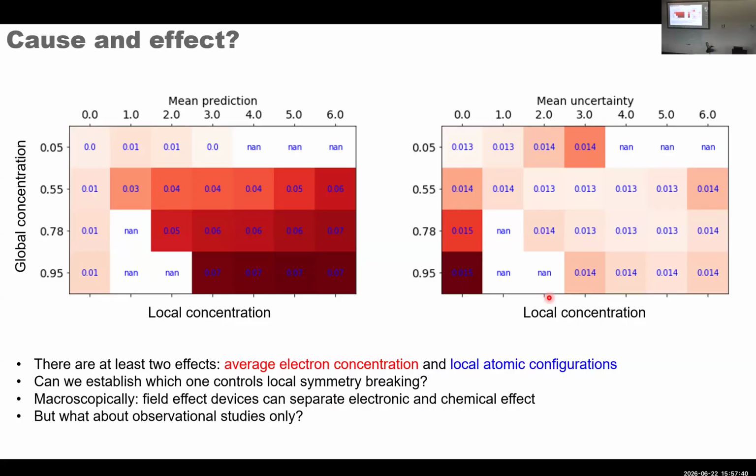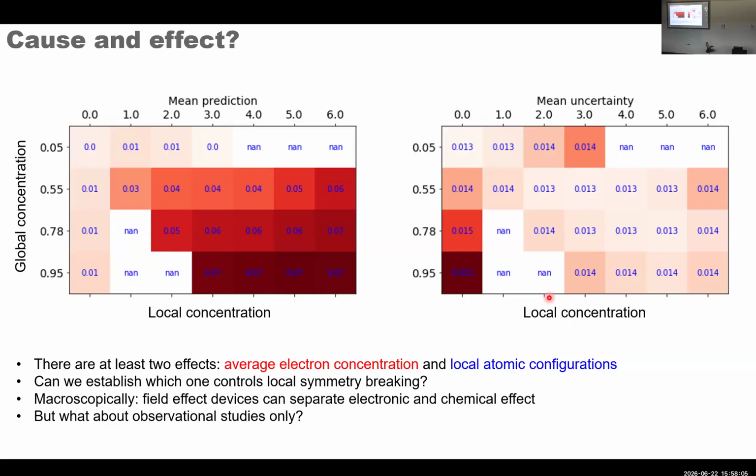If we change the number of electrons, that can introduce symmetry breaking just because the position of the Fermi level changes. And if we change the size of the atom, that also can introduce symmetry breaking because of steric effects. So the question becomes, how can we separate them? In the classical physical approach, this can be done using the so-called field effect.